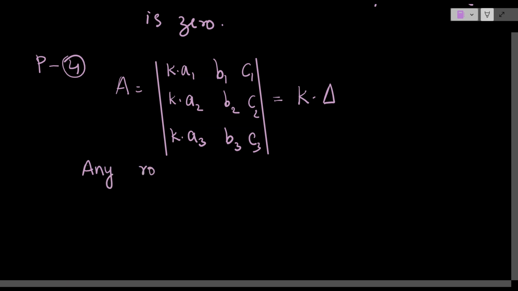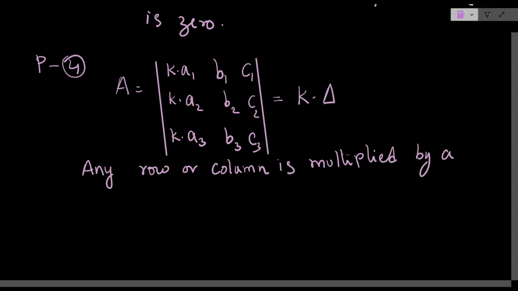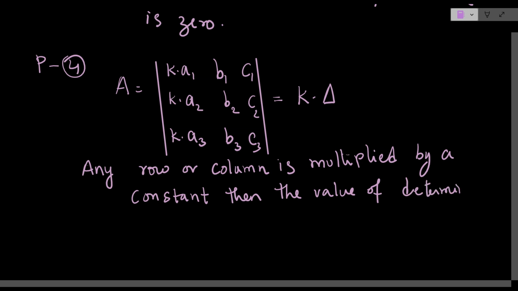If any row or column is multiplied by a constant, then the value of determinant is also multiplied by the same constant.